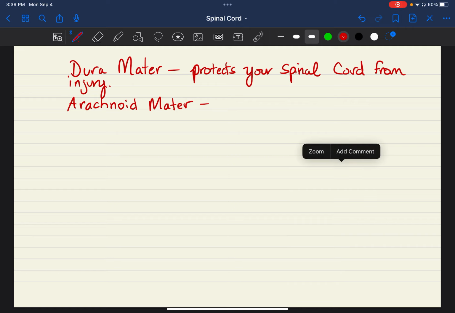Okay, so what is this, you may ask? So this is the middle layer between the epidural and subarachnoid space. So let's write that down.